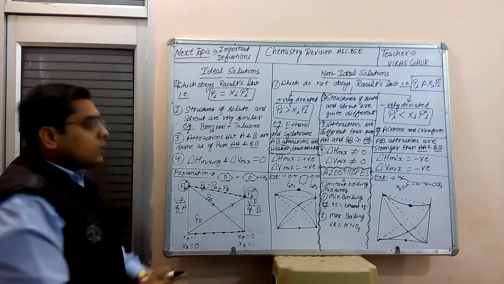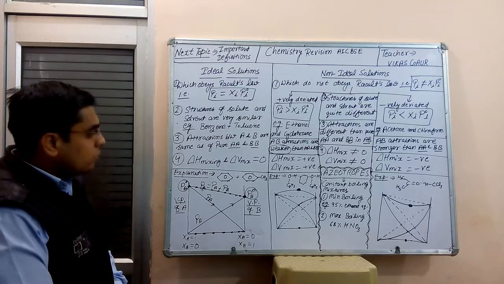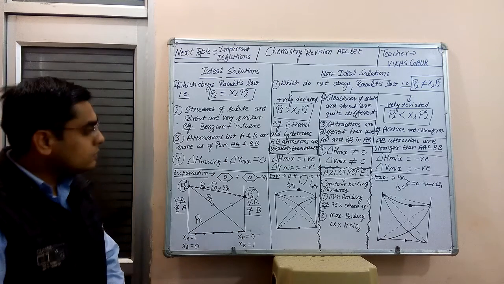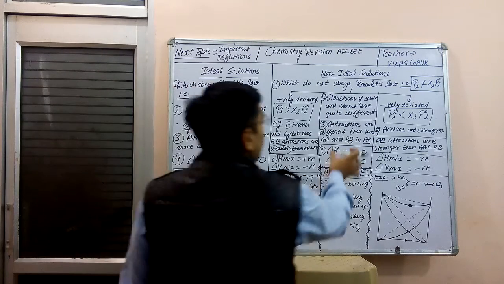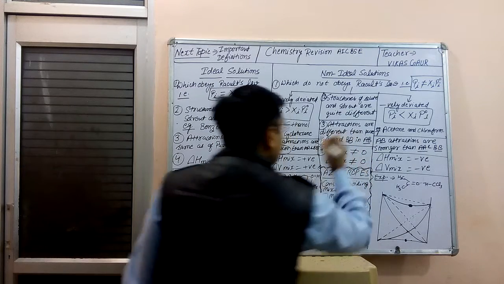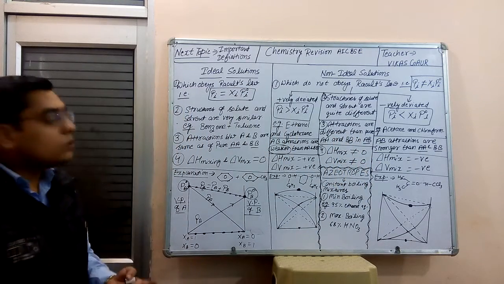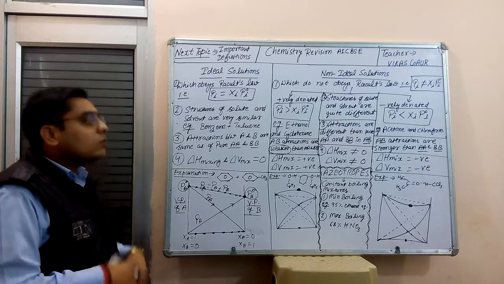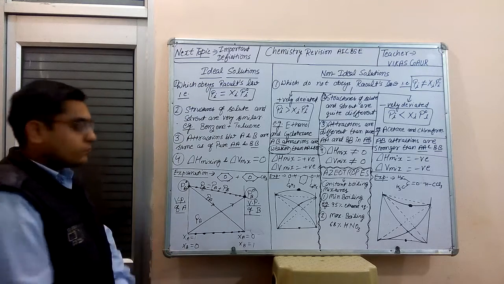So like this, there are so many other solutions of positive and negative types. So we can say in non-ideal solutions, delta H and delta V of mixing is not equal to 0, means more than 0 or less than 0, positive or negative correspondingly.